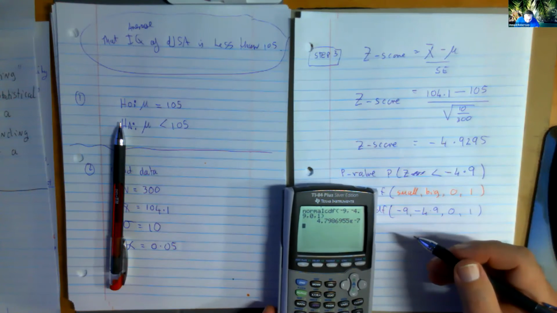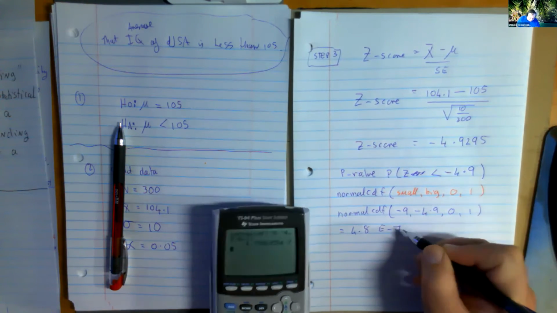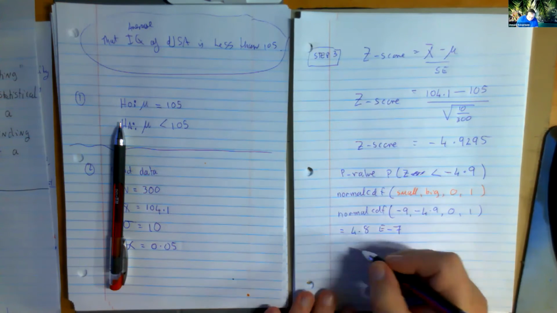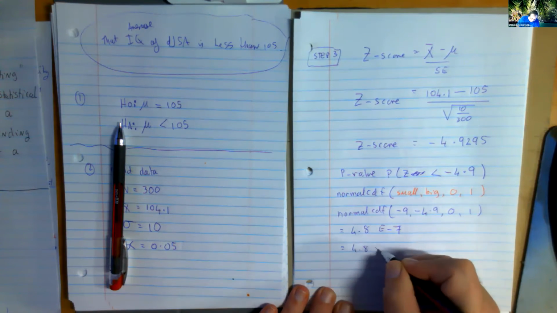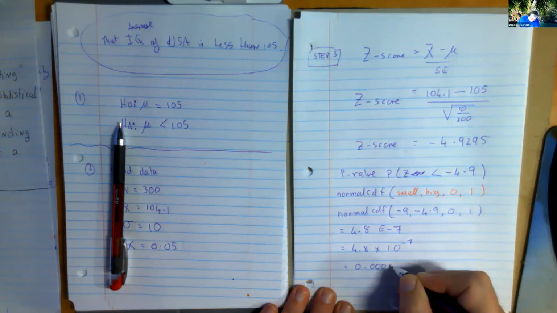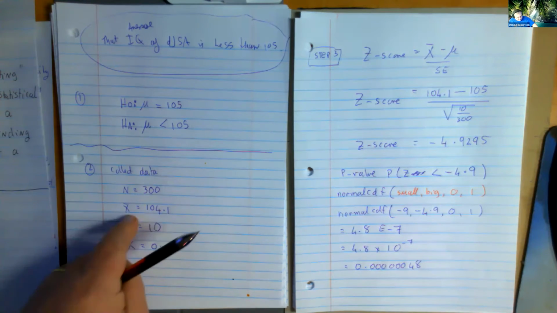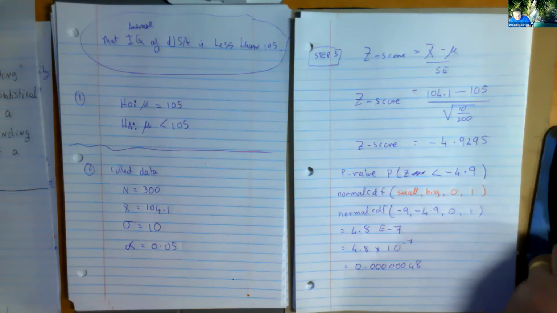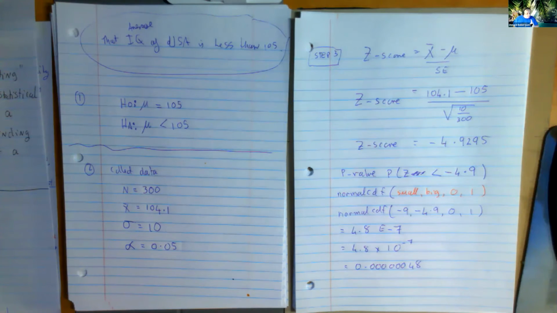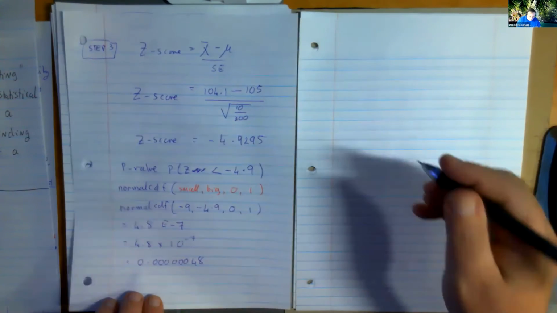And I have a 4.8, if you round it off, e to the negative 7, which means 4.8 times 10 to the negative 7. This number is so darn small. You could probably win the lottery more likely than getting that sample from this world. That is extremely tiny, which is good news, because don't we want really small p-values as evidence that this works? So step 4 of the test.